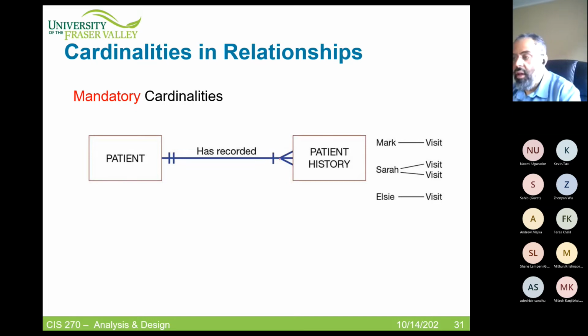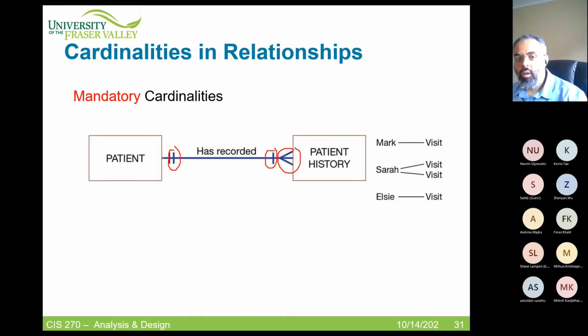Again, if I have used only this side, the logic is that in order to be a patient, he should have a history, which means has a visit. And when he has a visit, he can have more than one visit at a time. So it should have at least one and many. This is why I use this to show that it is mandatory, should have at least one, and it can be more than one. Here, I said at least one and only one.